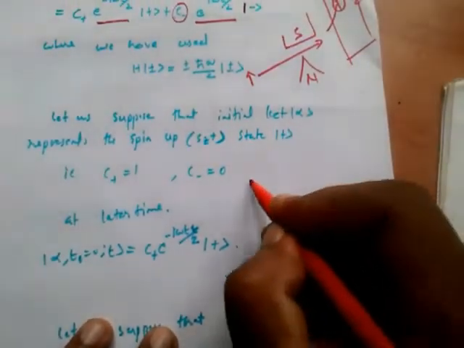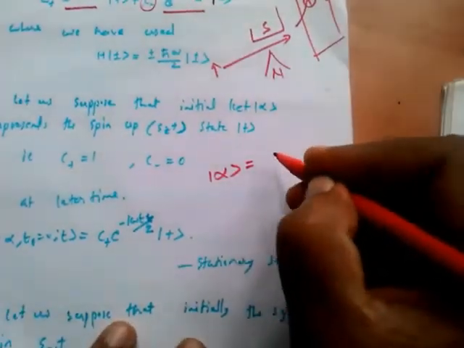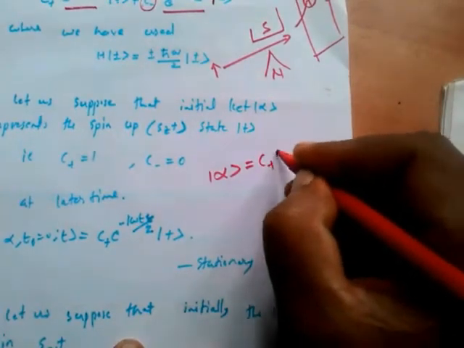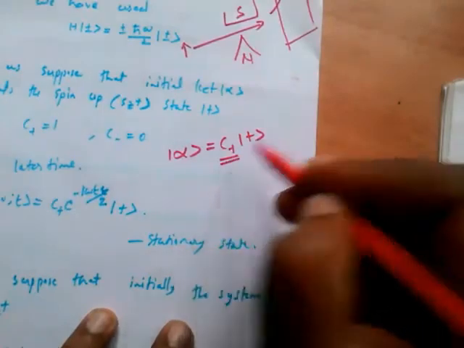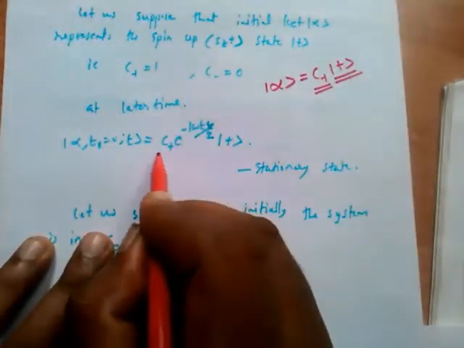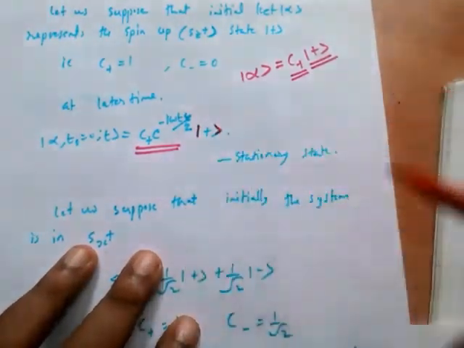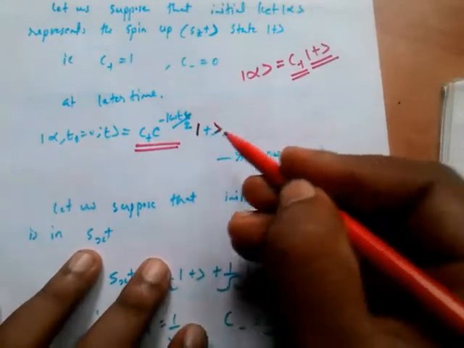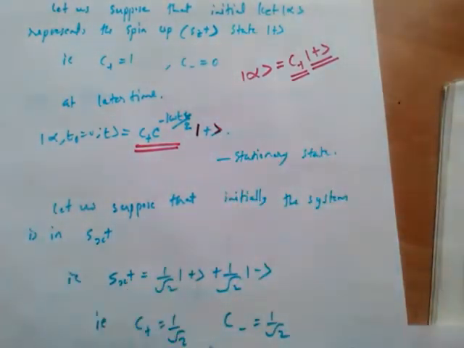That means at time t equal to 0, alpha equal to c plus state. This is the expansion coefficient and the state is this one. At later time also, this is the expansion coefficient and the state is this one. That means the state will not change with respect to time, and this is known as a stationary state.